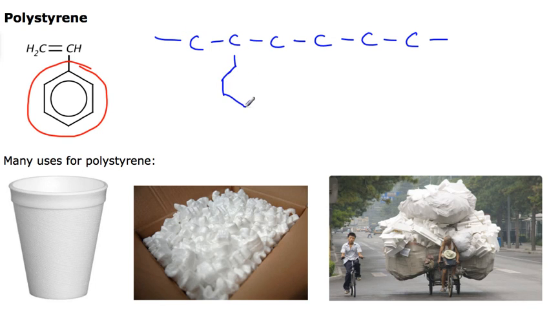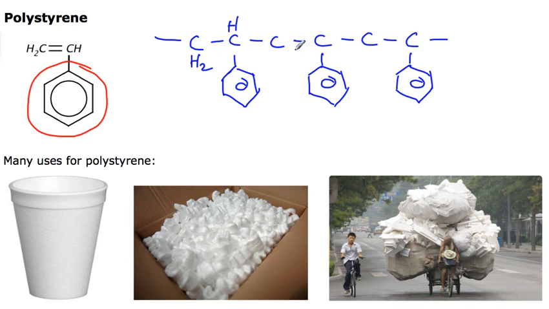So they can't get very close, unlike something like PVC with a polar group and a relatively small atom as a branch. You've got this big phenyl ring sitting out there, and that's going to hinder how close these polymer strands can get to one another, and so that makes it not very dense at all.